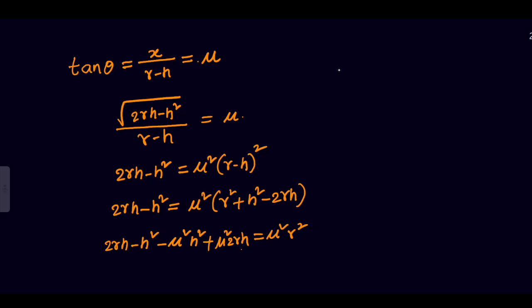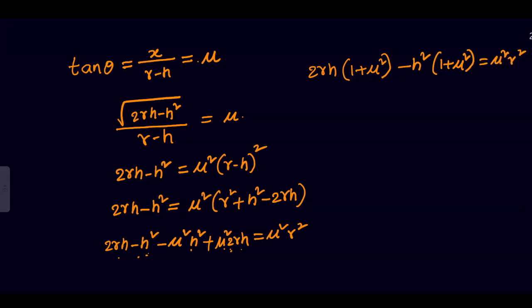Now here we'll take h square common in these two, and here also 2rh common. Then it will come as 2rh taken common, then 1 plus mu square. Minus h square taken common, then 1 plus mu square, which is equal to mu square into r square.